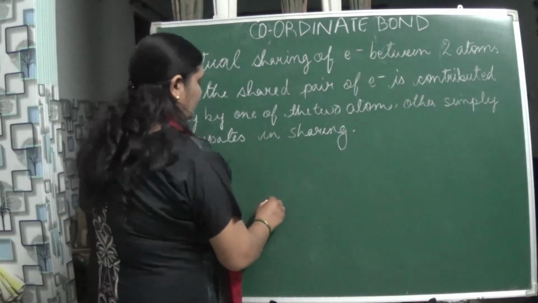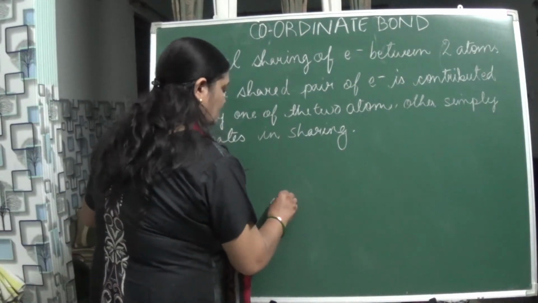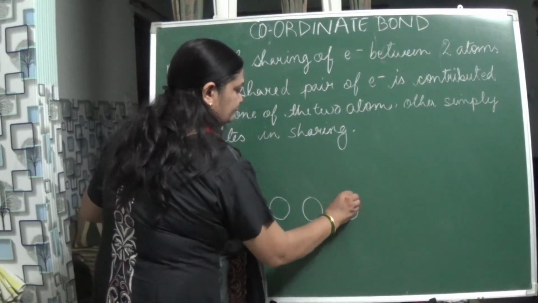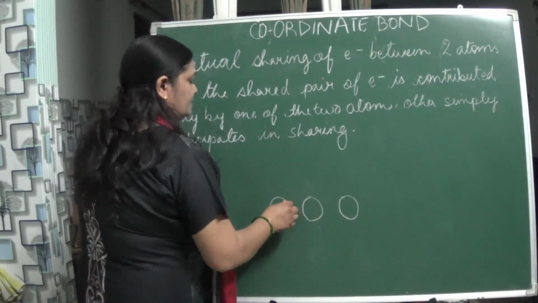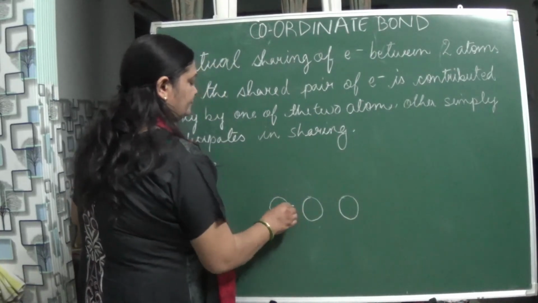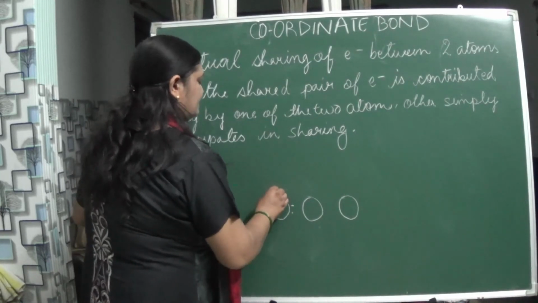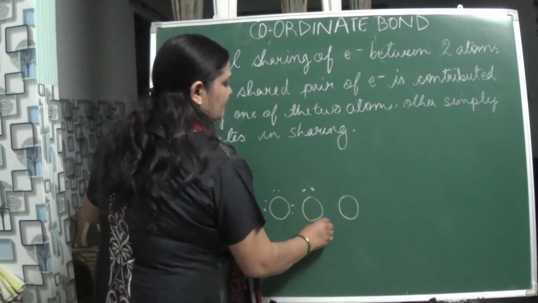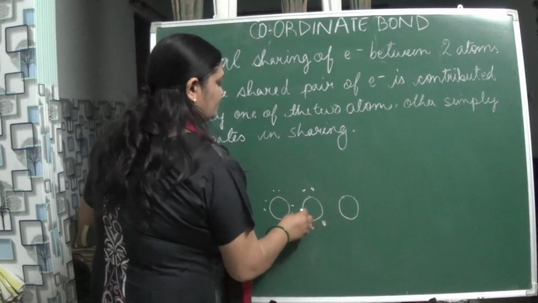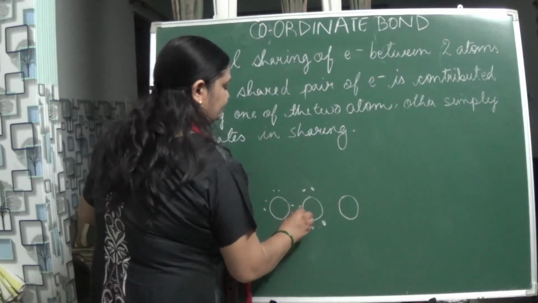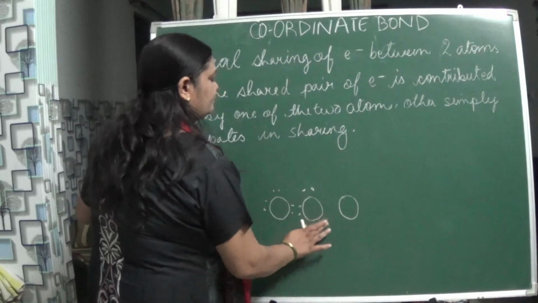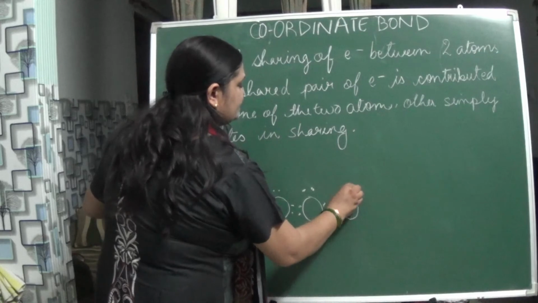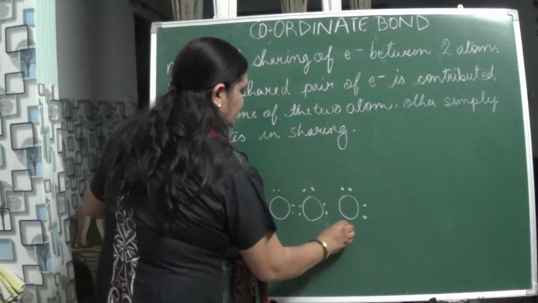So 3 oxygen atoms, isn't it? Here it consists of 6 electrons. Here also it consists of 6 electrons, and here also 6 electrons.